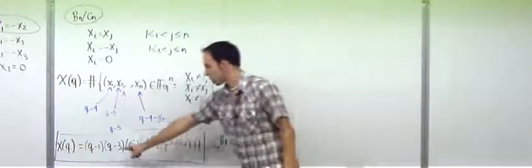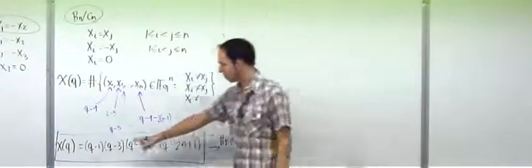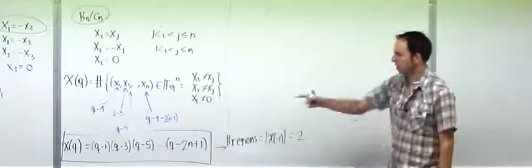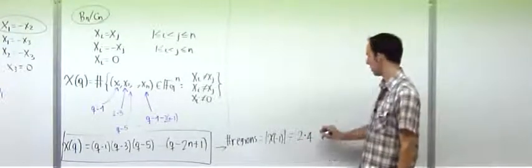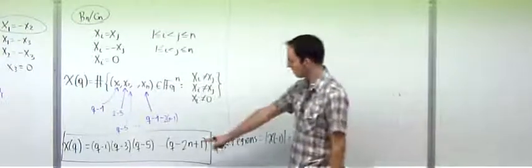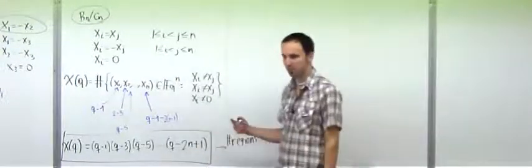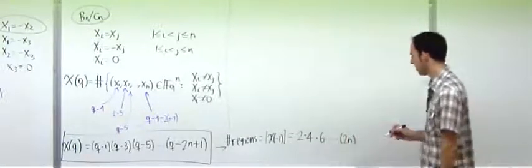So let's just forget the minuses, right? Minus 1 minus 1 is minus 2. I forget the minus and I get 2. Minus 1 minus 3 gives me a 4. Minus 1 minus 5 gives me a 6. Minus 1 minus 2n plus 1 gives me a 2n.